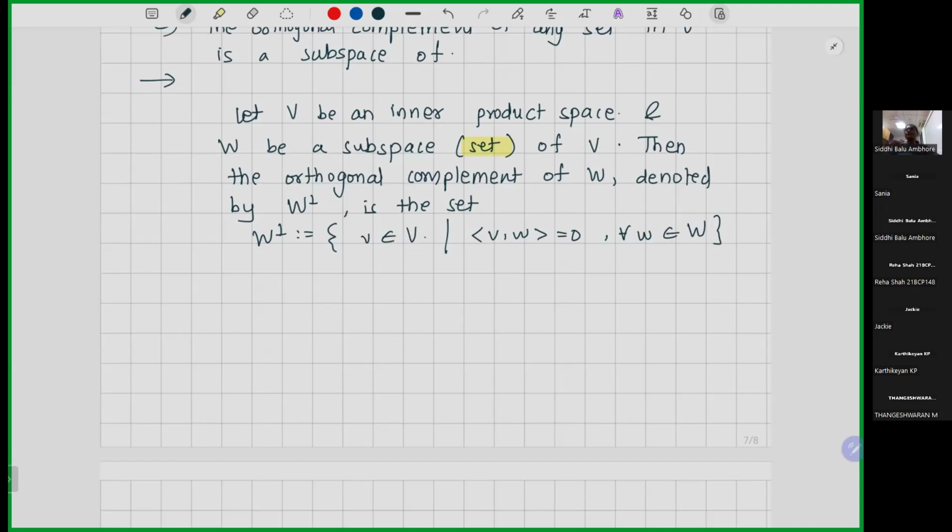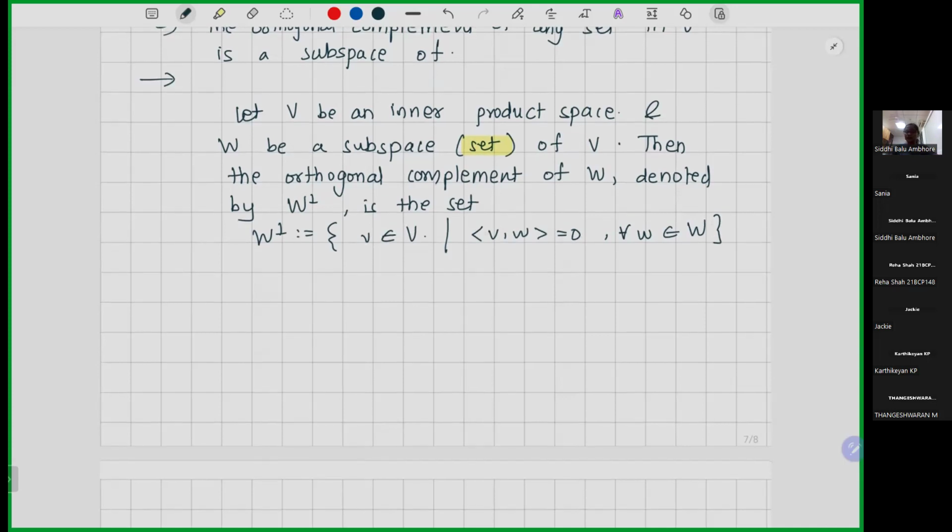For any given element, the inner product of v and w must be 0. So it is the set of such elements.